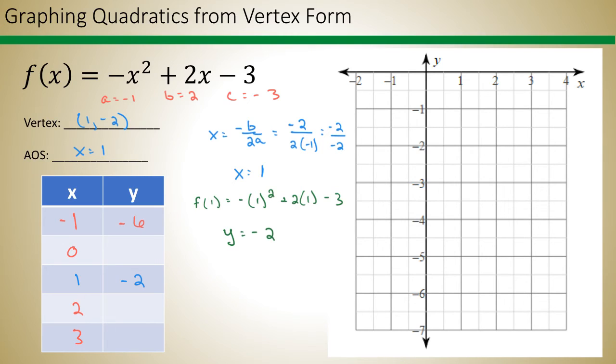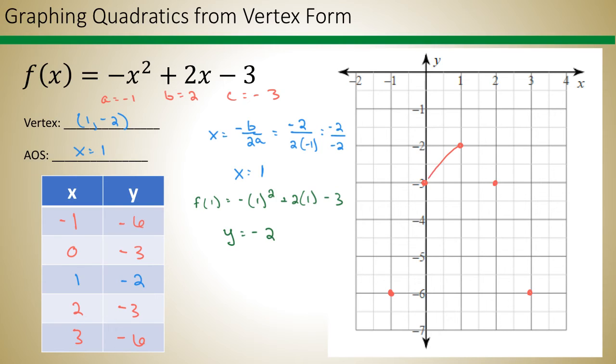When we sub 0 in, it's going to give us -3. And remember, these things are symmetric, so this is going to be -3, and that's -6. So that gives us these points: (-1, -6), (0, -3), (1, -2), (2, -3), and (3, -6).